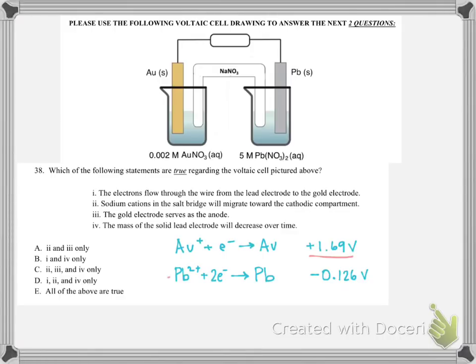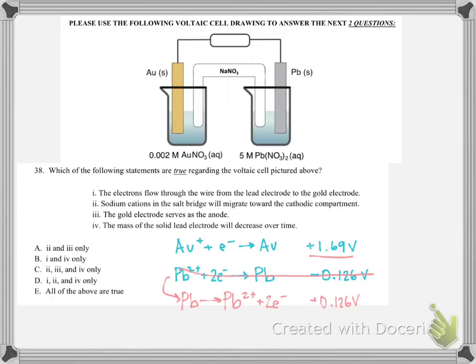And then what we'll do is we'll flip the lead equation to make it an oxidation instead. And then when we flip this equation, because we're writing the reverse of it, we will reverse the sign of its potential. Okay, and now we're not going to use this at all.